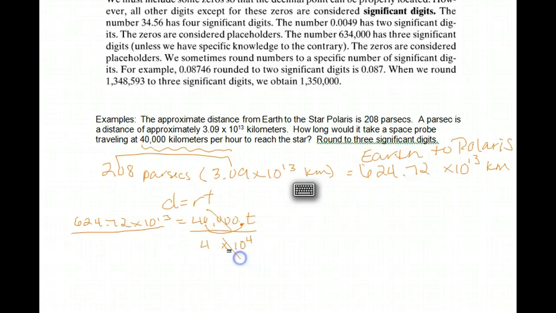So those are going to cancel, and I have 4 times 10 to the 4th. Okay, so now let's divide 624.72 times 10 to the 13 by 4, and then we're going to use our quotient rule.